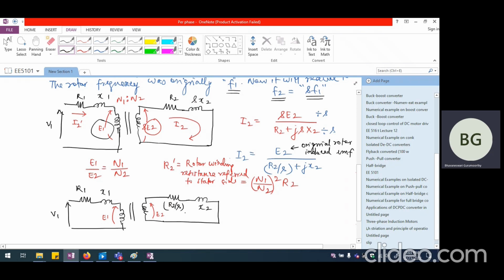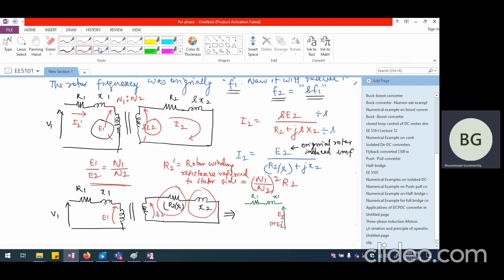Now I want to translate this resistance as well as this inductance to the other side. And I know that E1 by E2 equal to N1 by N2. So I can draw this somewhat like this. So I have R1, I have X1. And what I have as the voltage here is either E1 or E2 dash.